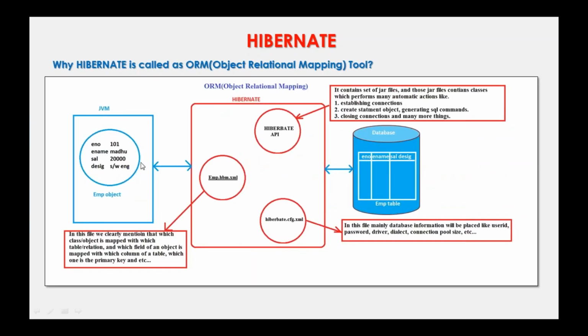I'm creating an employee object, and I'll create a table in the database, and then I'm going to use the Hibernate framework to interact with the database. So first I'm creating the employee class, and after that I'll create the employee object.